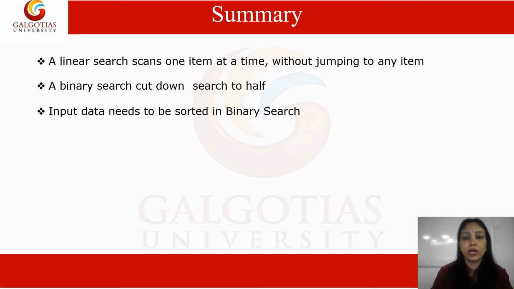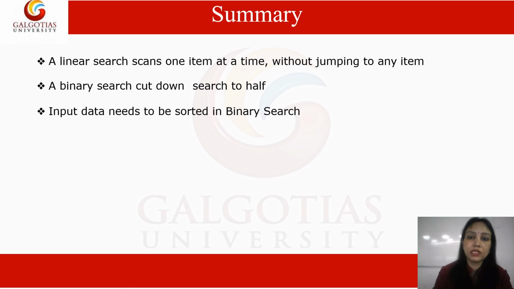Now I will summarize what we have done in this session. In this session, we learned what searching is. Then we learned the types of searching algorithms, and that there are two types: one is sequential and the other is interval search, and for both we have taken one example.